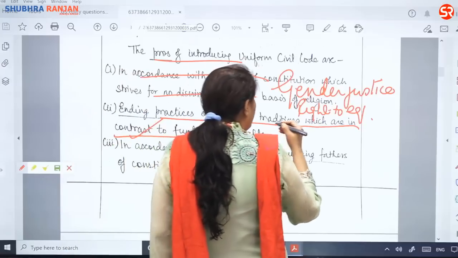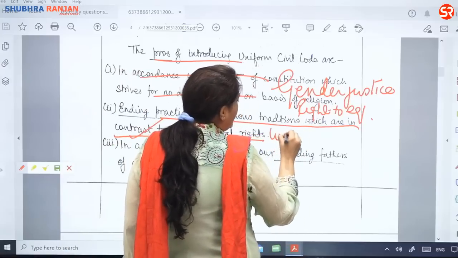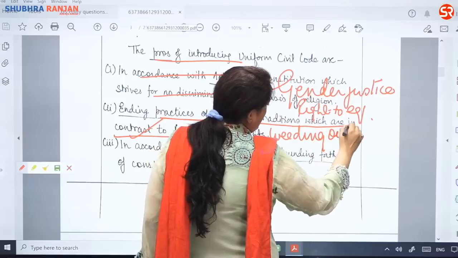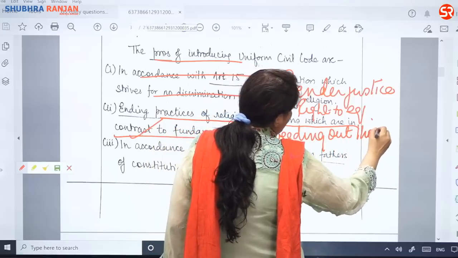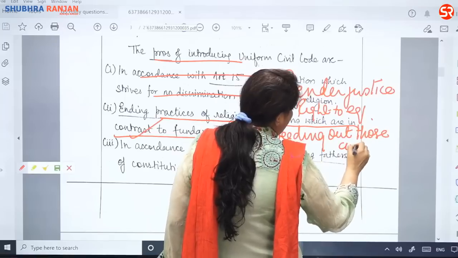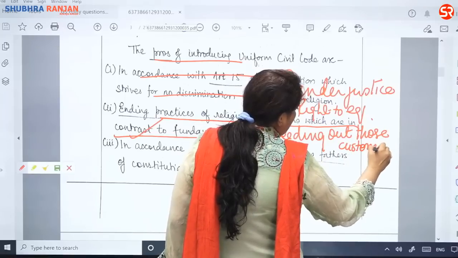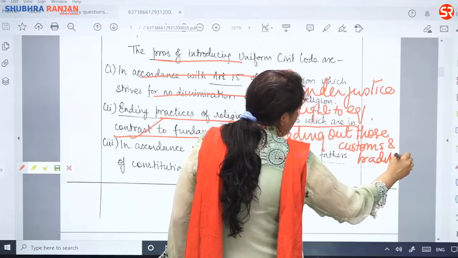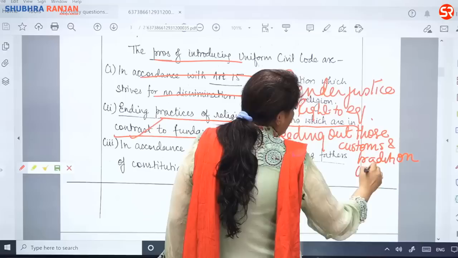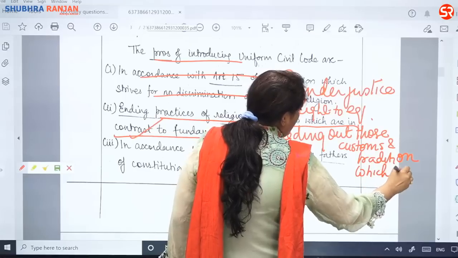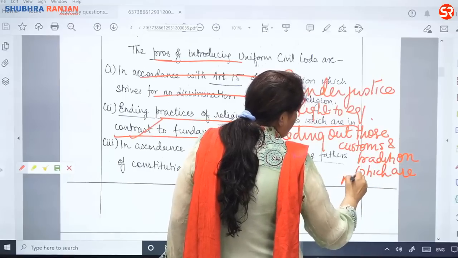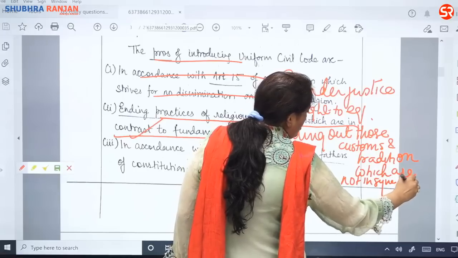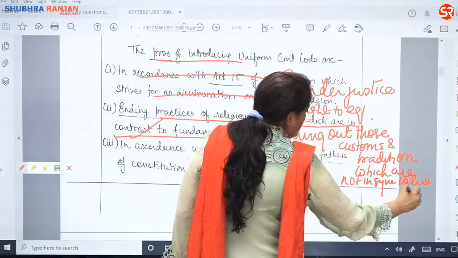It's a good point. It will help in weeding out those customs and traditions which are not in sync with the values of modern society.